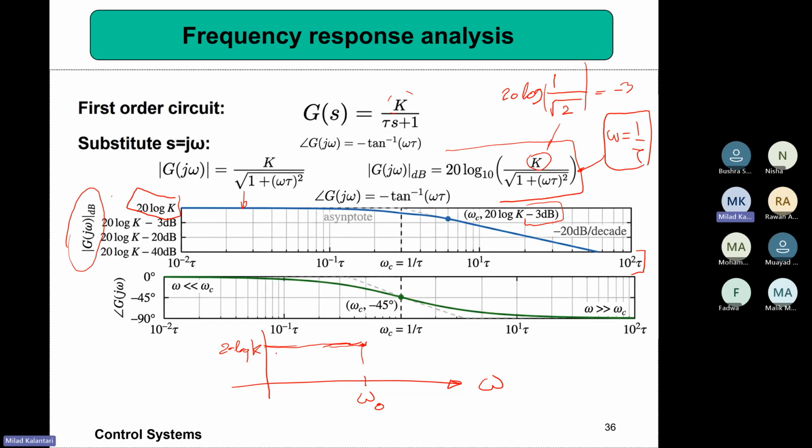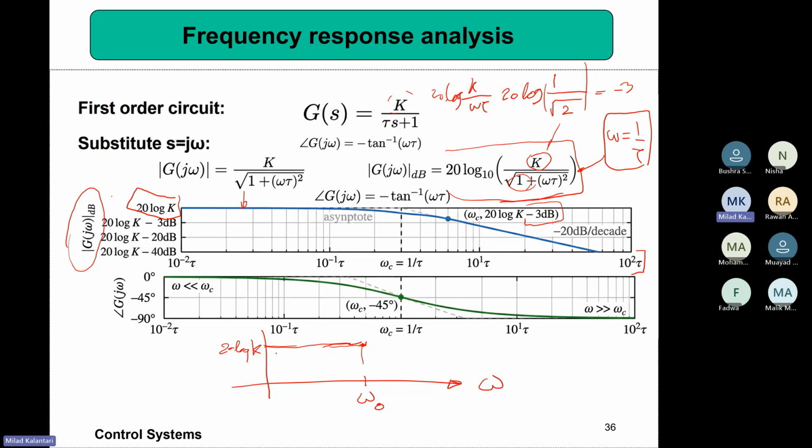And after that, what will happen once the omega is too big? In this equation, if the omega is too big, then you can actually ignore the 1, right? And if you ignore the 1, then it will be simple. It will be 20 log of k divided by just omega tau.